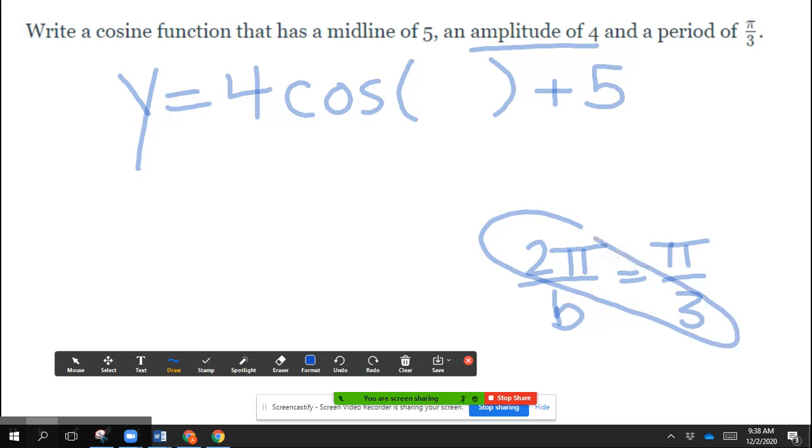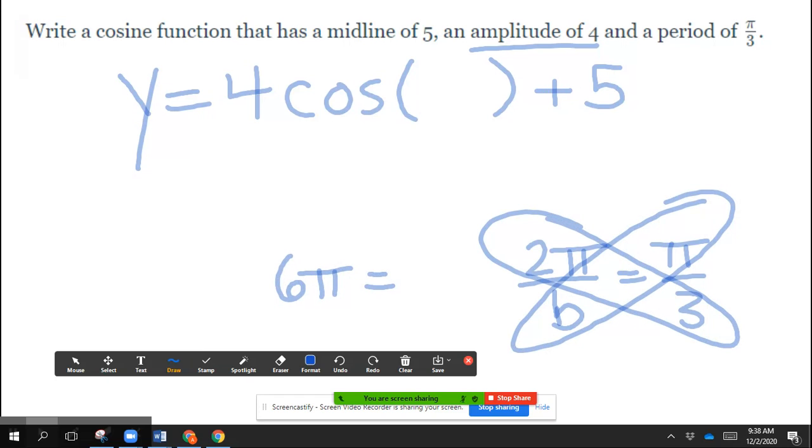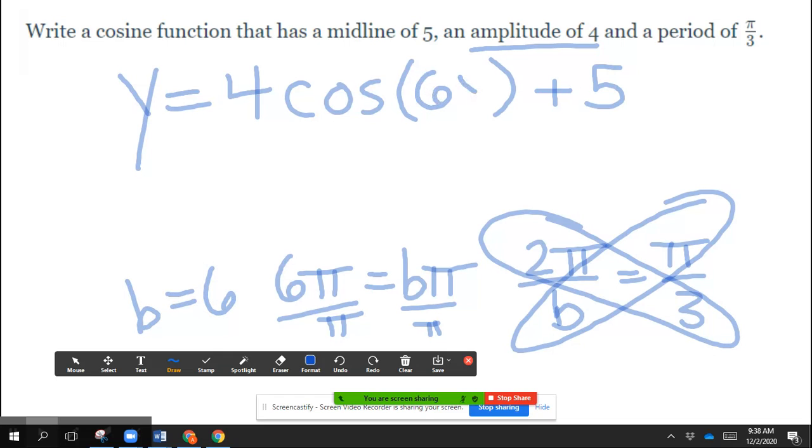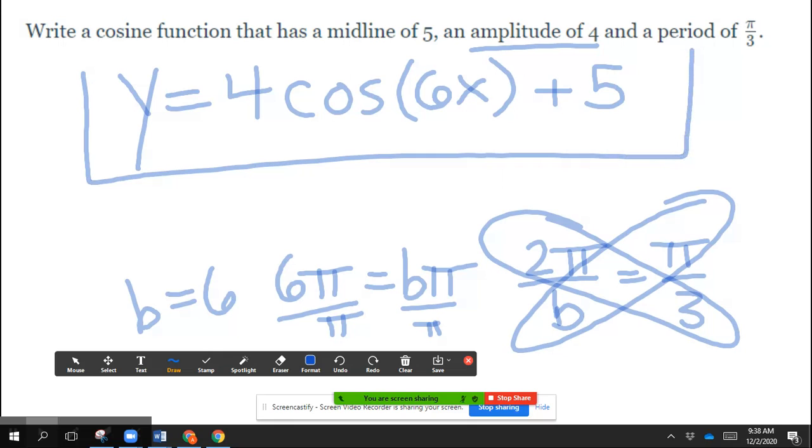Cross multiply, 6 pi equals b pi, divide by pi, so b has to be 6. And so in the function, I'm going to put a 6 here next to x. Amplitude is 4, midline is y equals 5, and our b value or frequency is 6.